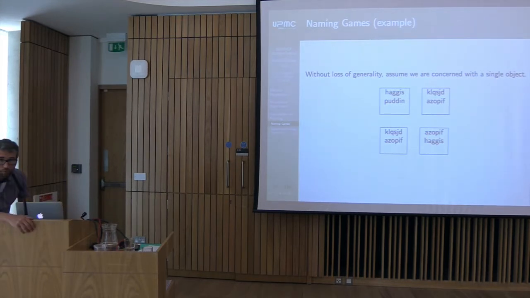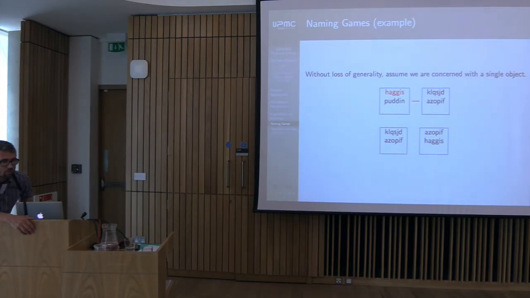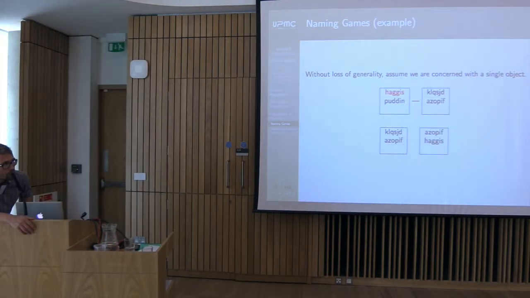The process would go like this. Agent 1 could communicate with this agent and pick the name haggis. The hearer would check in his inventory: there is no term haggis. So applying the rule I just gave, he would just add haggis to his inventory. Now we pick randomly a second pair of agents, so we have this agent with this agent.